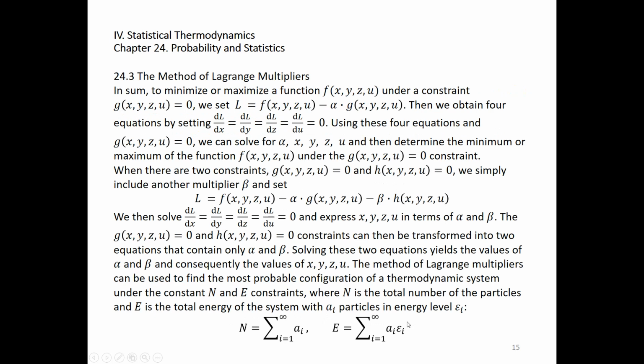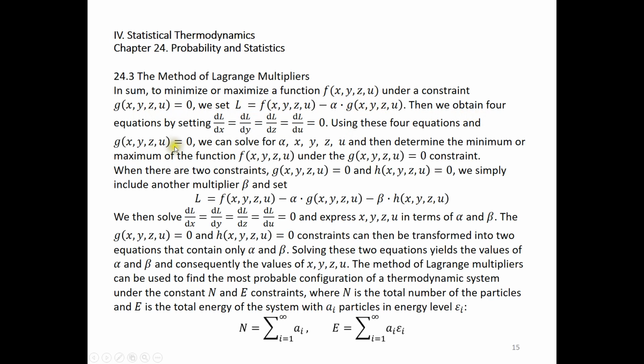In sum, to minimize or maximize a function under a constraint, g is 0, we need to set a Lagrangian. L is the function to be optimized minus a Lagrange multiplier alpha times the constraint g. G is always 0, therefore L is equal to f.